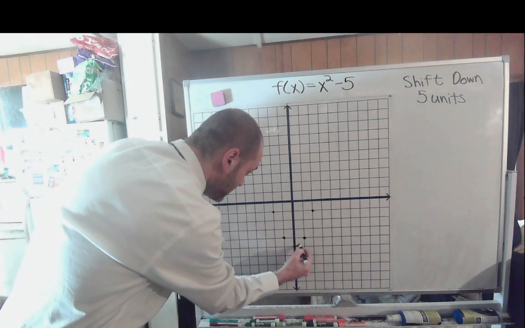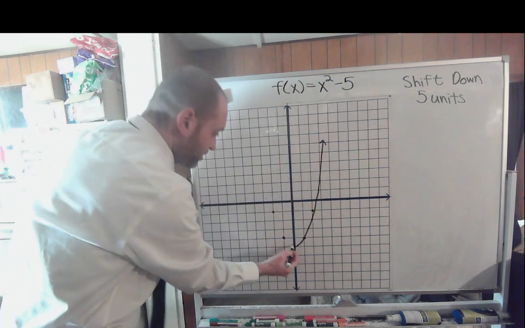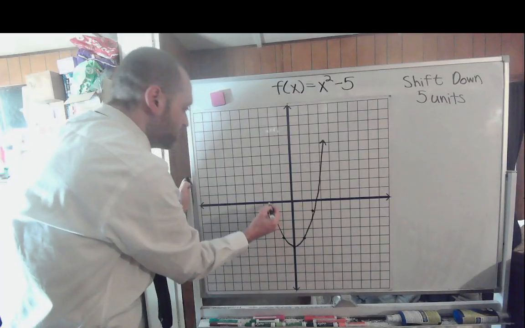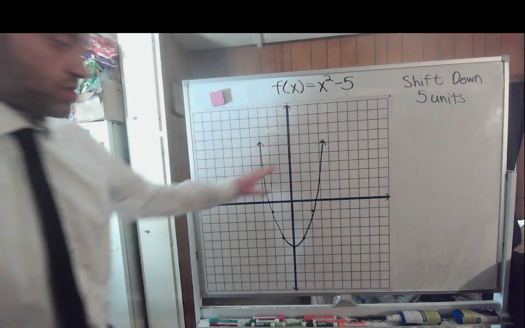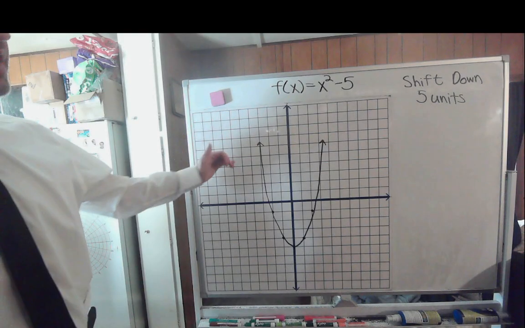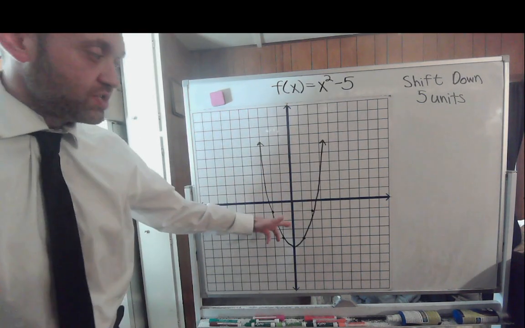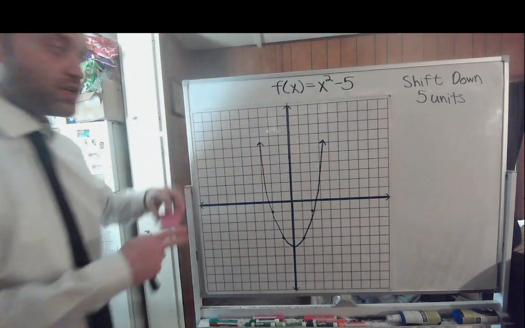And at some point, it would cross the x-axis. It'd be plus and minus the square root of 5 where it would cross, but we're not solving this right now, we're just graphing it. So, again, the size of the graph of f of x equals x squared hasn't changed. I've just shifted everything downward 5 units. That's all I've managed to do.